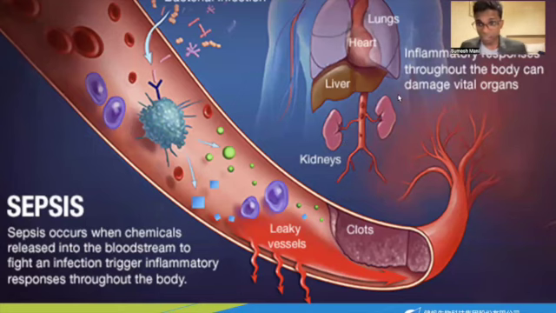Because of this, other organs get damaged. 20 to 25% of the cardiac output goes to the kidney, so when the vessels leak, the kidney does not get enough perfused blood and gets damaged. In the same way, the lungs transport oxygen to all the cells, so when the lungs cannot get enough blood for oxygenation, they fail. You can imagine how dangerous this is for the whole body.